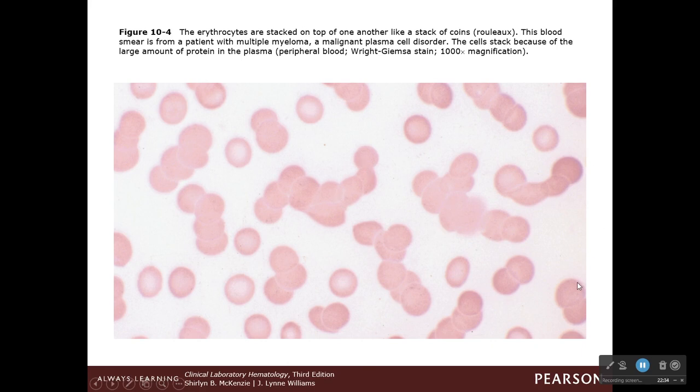Okay. Now listen. Now, when we look at these pictures, all right, in your brain, you need to always think I'm in the feathered edge, okay? Because that's where we do all of our counts, in the feathered edge. So when I show you abnormalities, always think that the cells should be apart, not touching each other, in a good counting area.